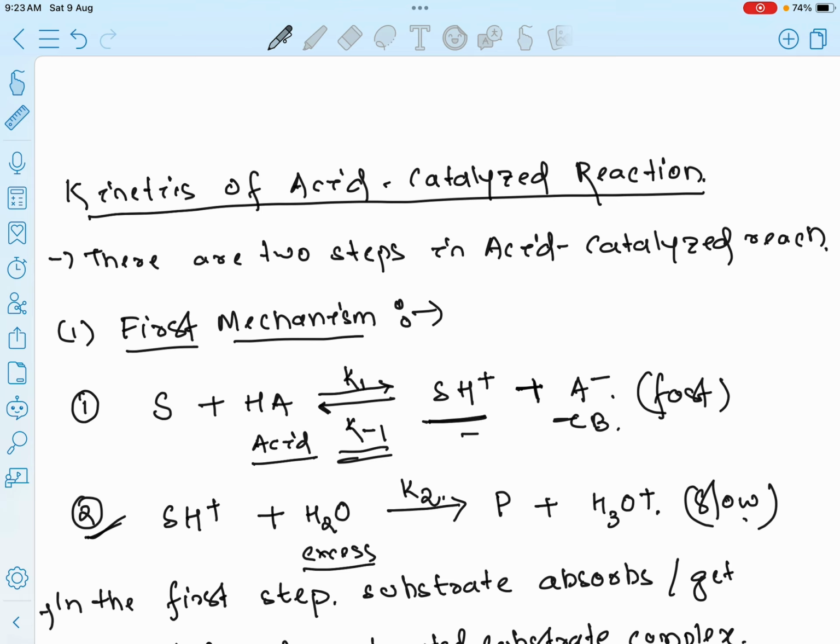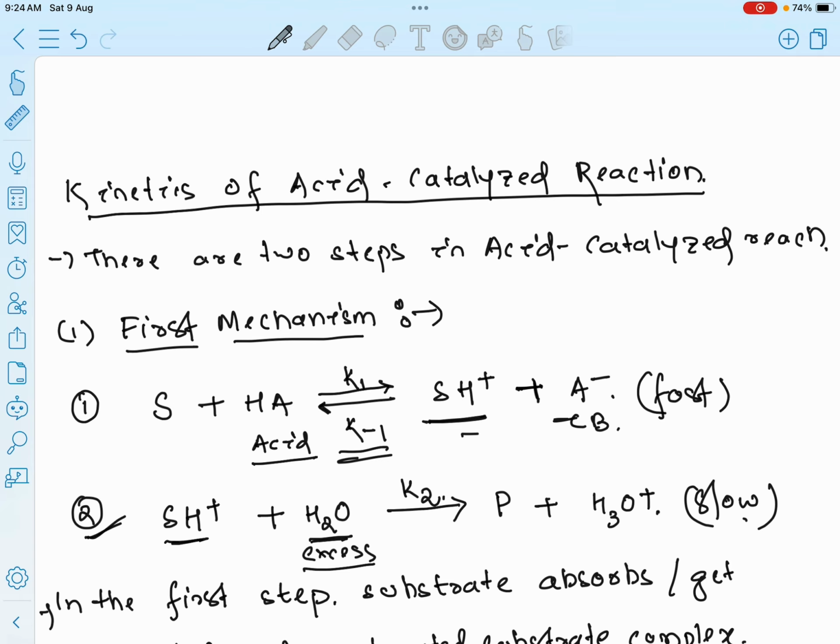But the first mechanism which we discussed for the acid catalyzed reaction is where we considered that water, a solvent molecule, acts as a receiver for the proton from the substrate proton complex.